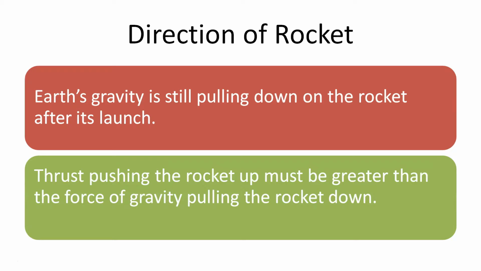The thrust pushing the rocket up must be greater than the force of gravity pulling it down. Earth's gravity is always pulling the rocket down, so the thrust must be greater than gravity, only then will the rocket move up into space.